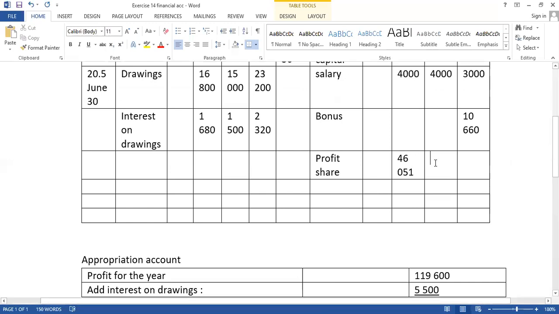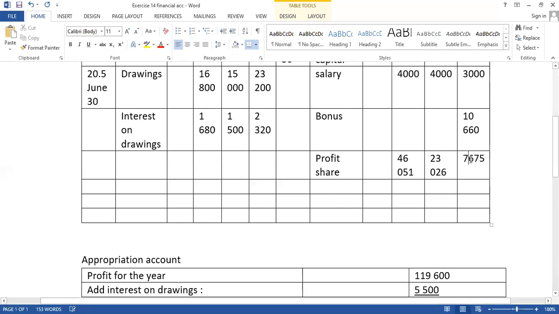And then of Y is how much? Of Y is 23,026. And then of Z is 7,675.